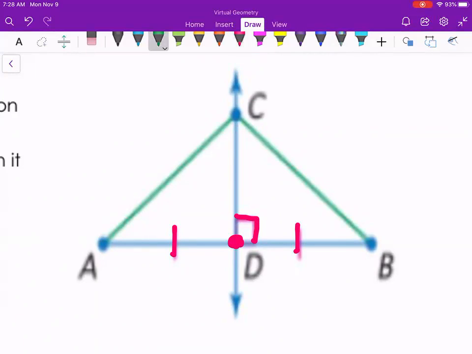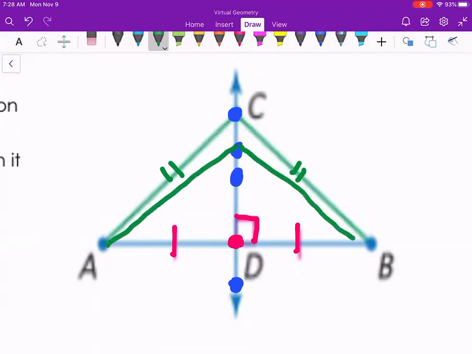Specifically what that theorem says, no matter what point I look at on this line that is the perpendicular bisector, it is equidistant to those endpoints. So A to C is exactly the same length as B to C.